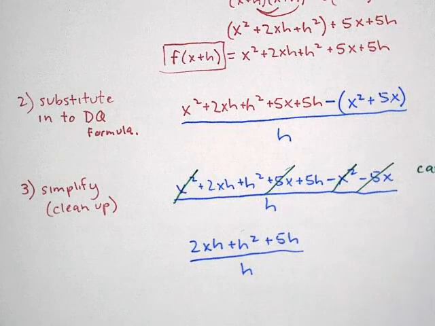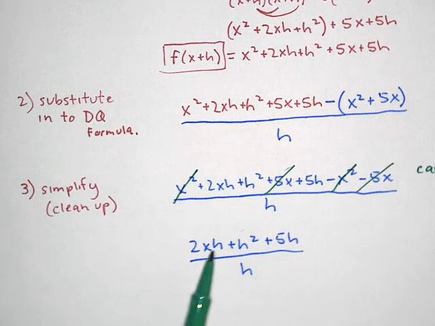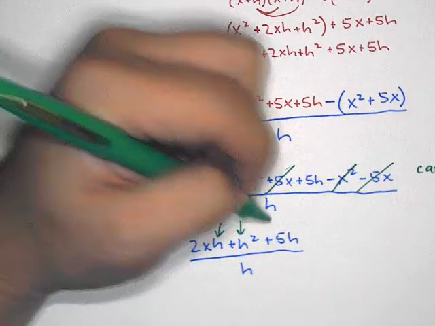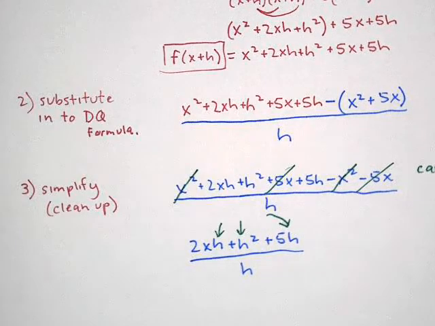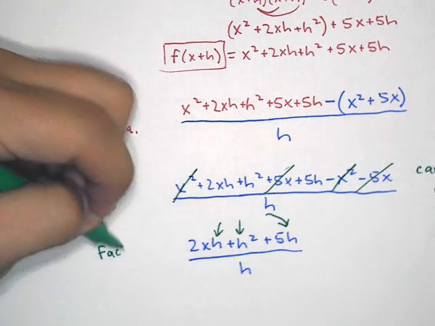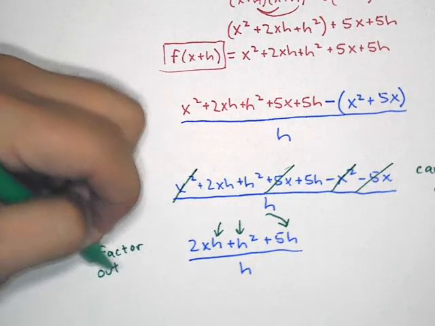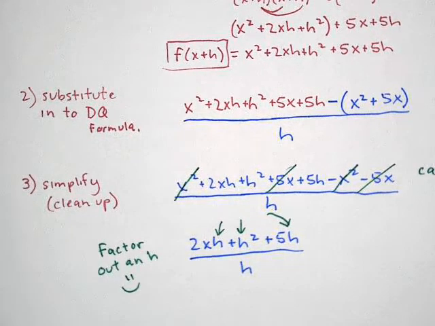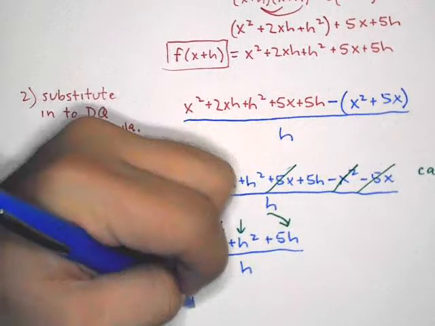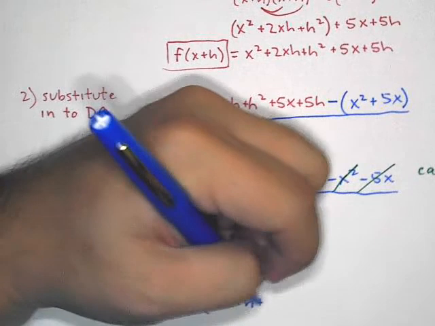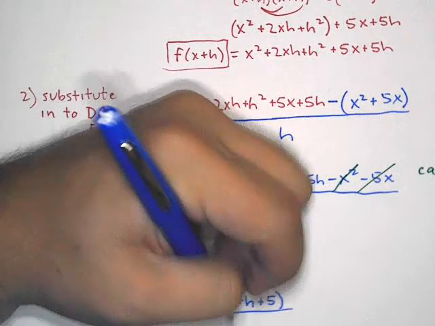What do you guys notice about the numerator? I see an h, I see an h, I see an h. That's good. If you can factor out an h, once again, smiley face. That's what we're going to do. So, h times (2x plus h plus 5) all over h.